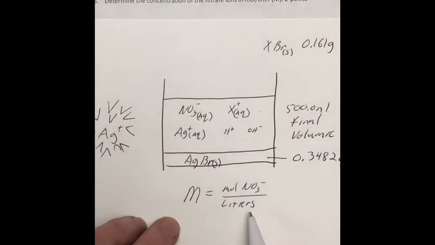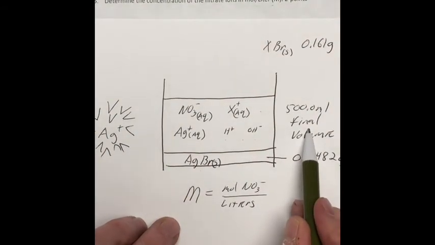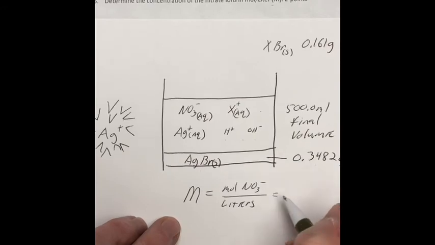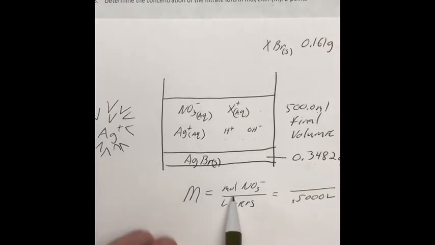That's final solution, and that's my final volume here. So notice I need liters, so that's going to be 0.5000 liters of total solution. So all I need to do is find the moles of the nitrate that we added.